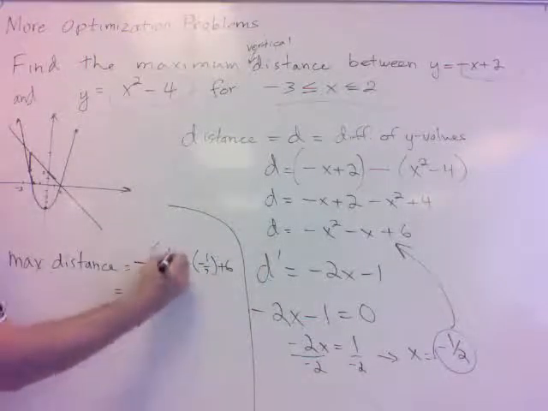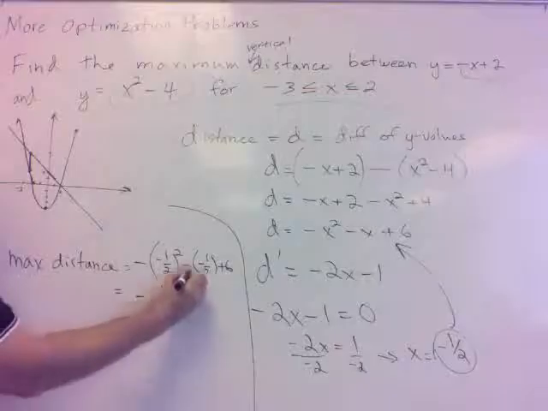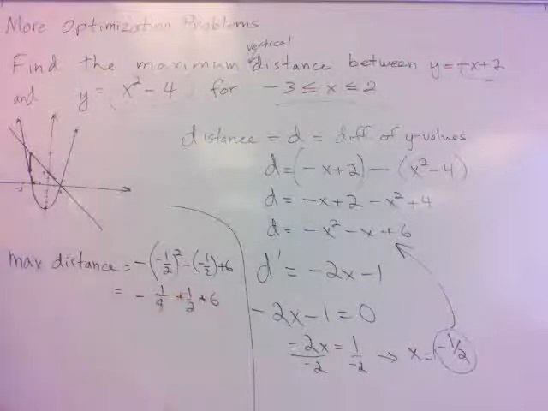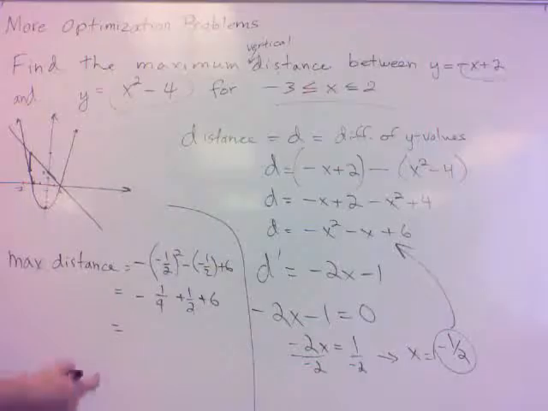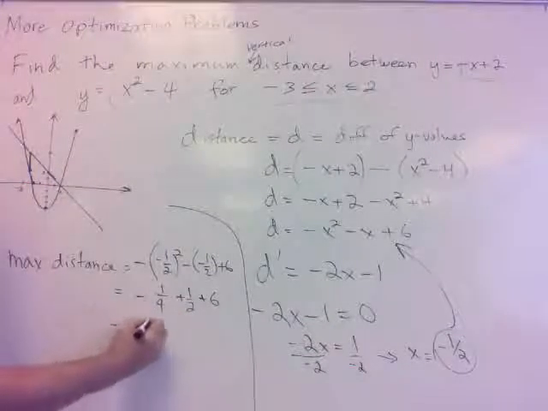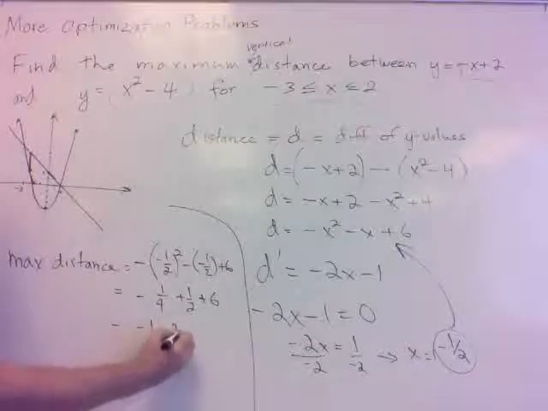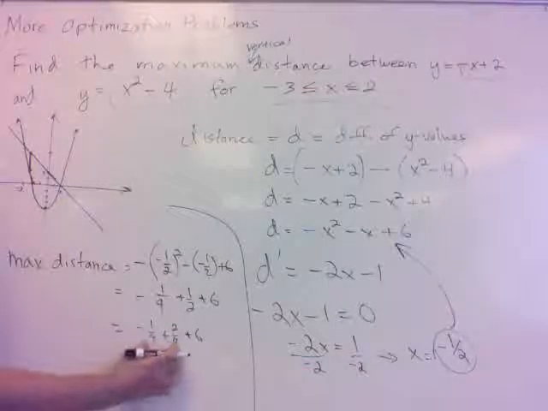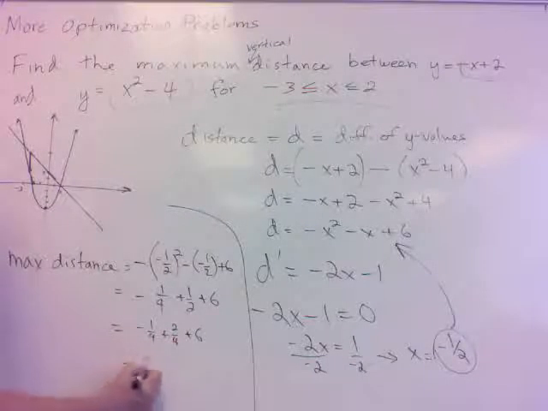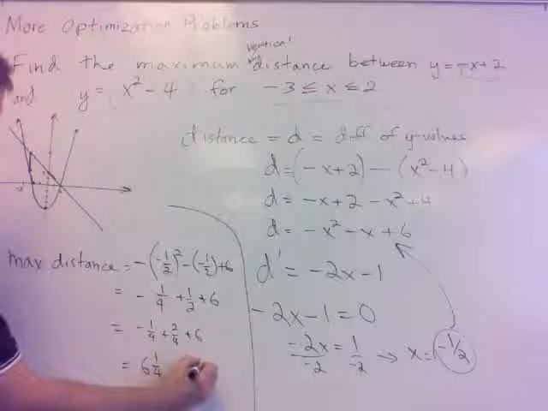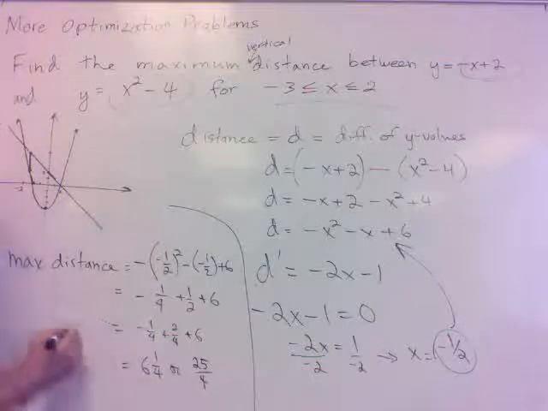So that'd be negative 1/4. Minus minus makes a plus a half plus 6. And so that maximum distance, see that's 2/4. So you have minus 1/4 plus 2/4 plus 6. That's a 1/4, so it's 6 1/4, or 25/4. It's the maximum distance.